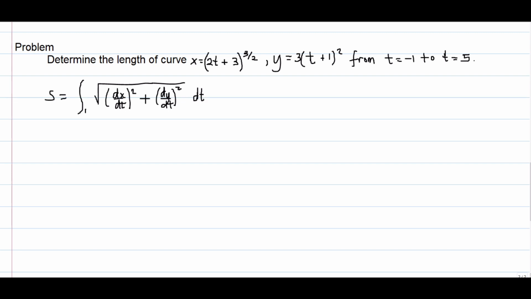Okay, so for our limit here from t sub 1 to t sub 2. First we have the given x and y equivalent, so we need to derive this.